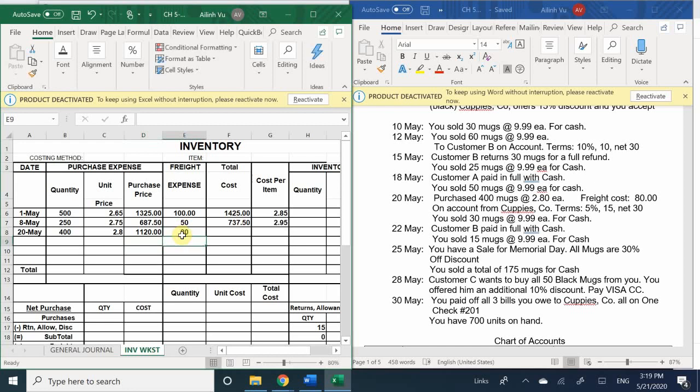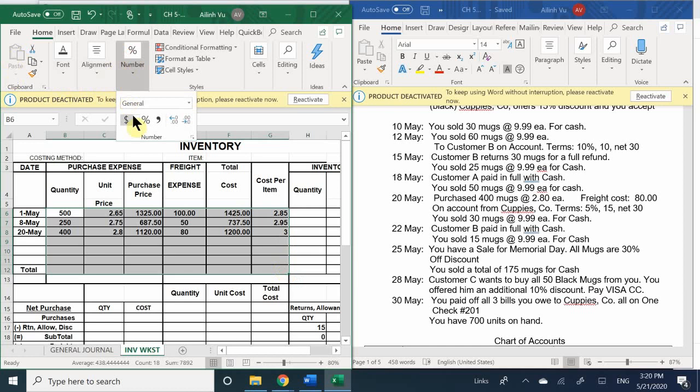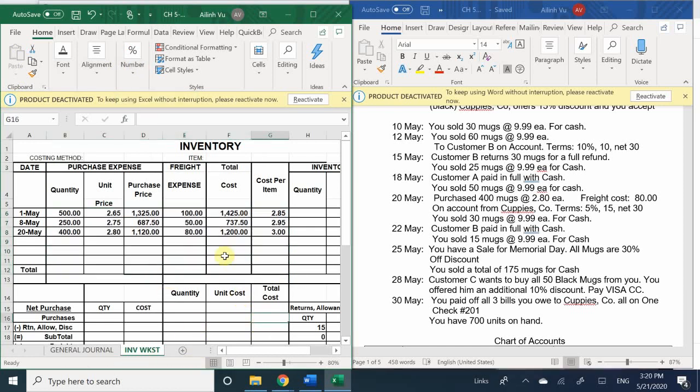Total cost 1,200. Cost per item $3. There you go. Good. All right.